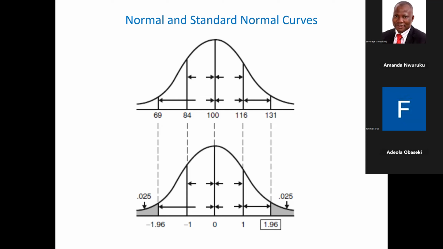You cannot say what is the probability that somebody has blood sugar of 60, but you can say what is the probability that somebody has blood sugar of less than 60 or greater than 60 or between 60 and 70 or whatever. So a range of value, either between something and something or above something or lower than, those are the only things you can know about continuous probability distribution.